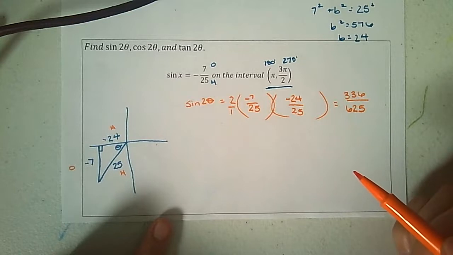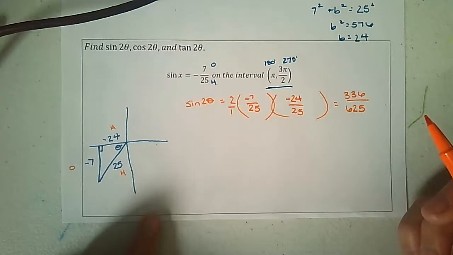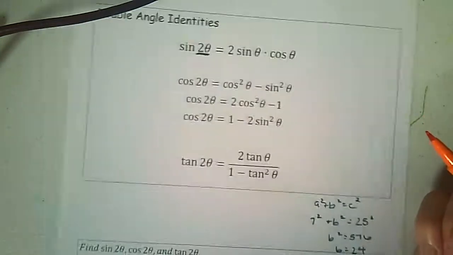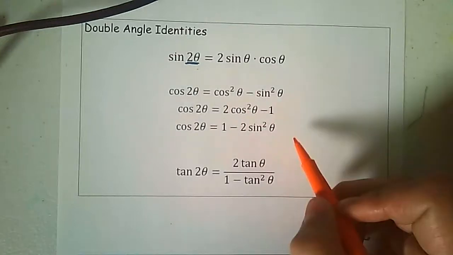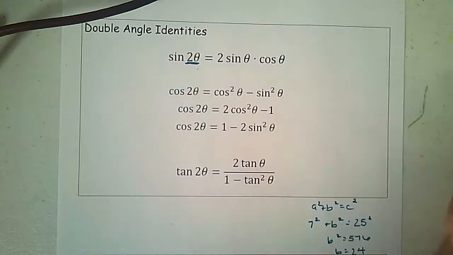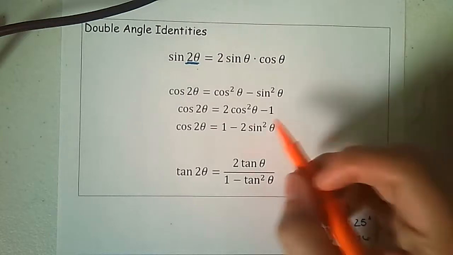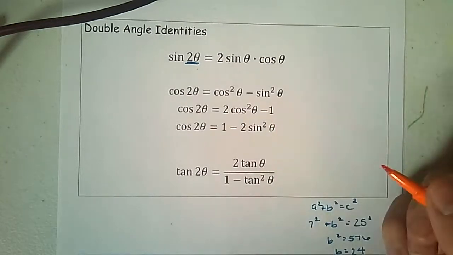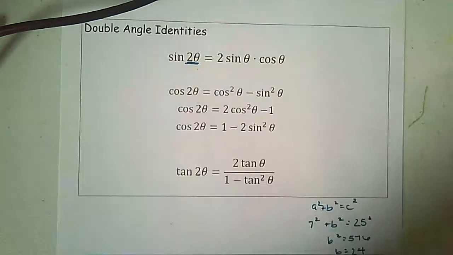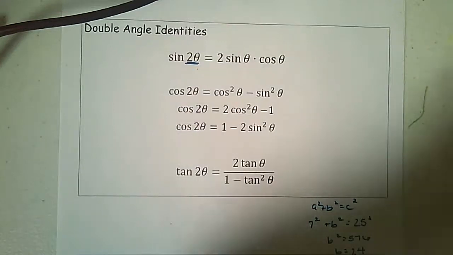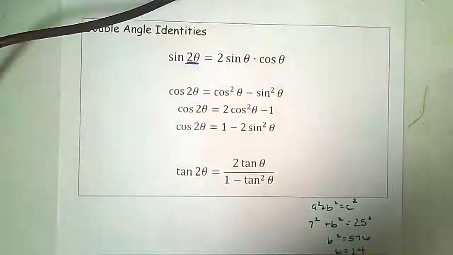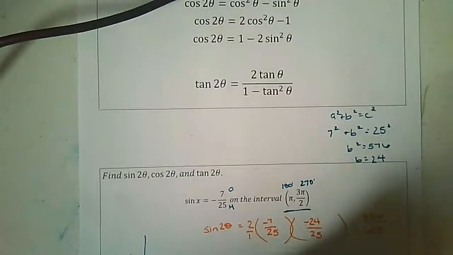All right, let's go ahead and do cosine then. For today, it does not matter whatsoever what identity you use. You could use any of the three of them. I think I'm just going to use the first one. There's no rhyme or reason for that. You can use any one you want. So cosine of 2 theta.